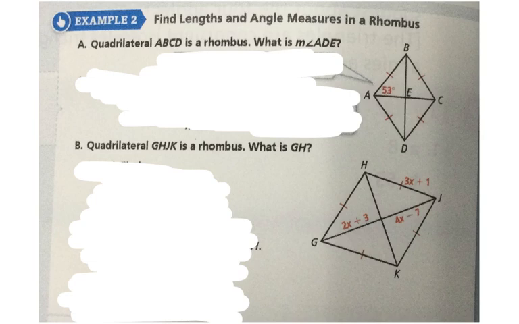The diagonals bisect the angles. I thought you had to split the whole angle like that. Split into 2? Yeah. Okay. So where is my quadrilateral? It's A, B, C, D. Right?